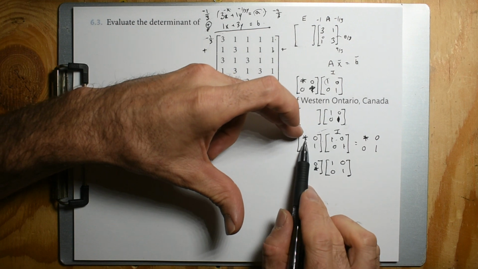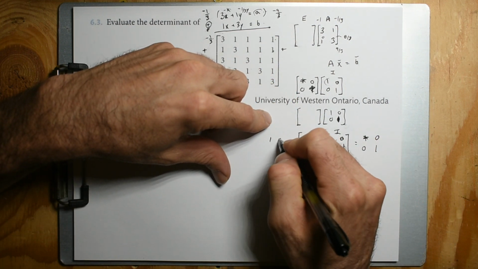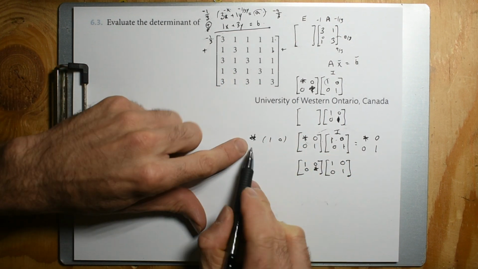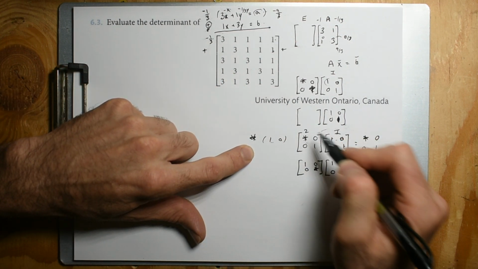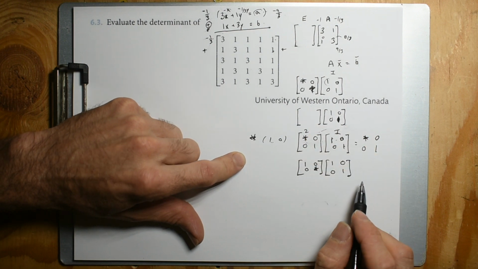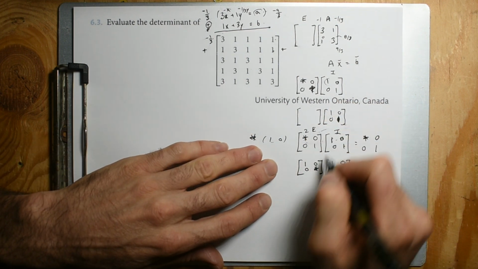But what did this do? Well, if we said this was 1 and 0, what we did was multiply the entire top row by this scalar. So this could be 2, this could be whatever number you want it to be. Okay, and so that's one of the elementary row operations.